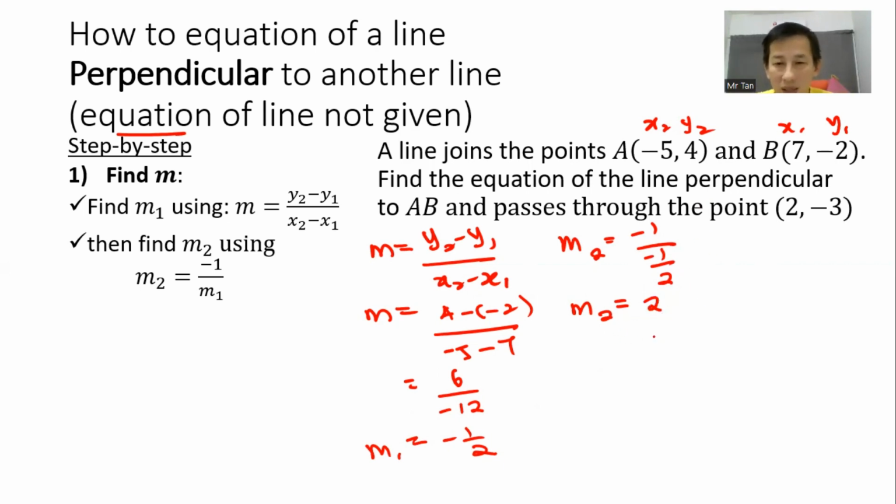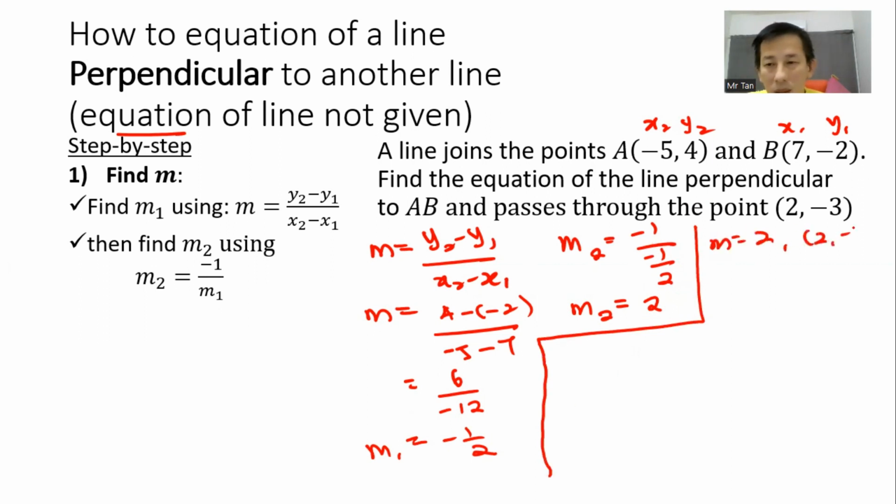To find the c, you have m equal to 2 and you use (2, negative 3), because the perpendicular line will pass through (2, negative 3). So we have y is negative 3 equal to 2 times 2 plus c.